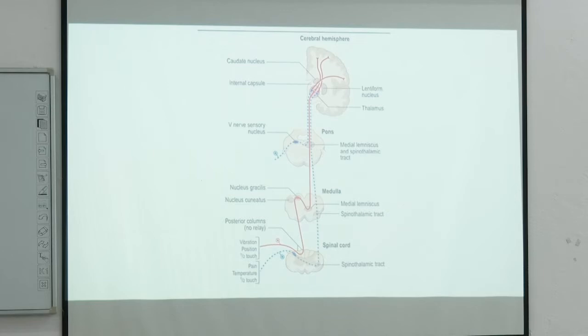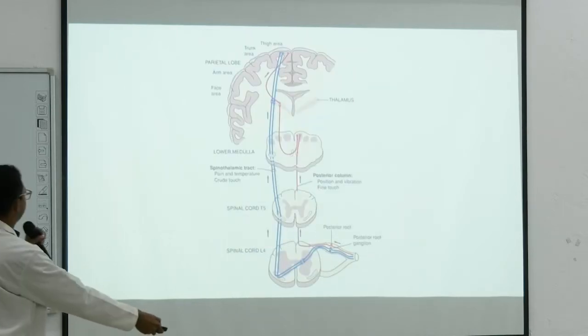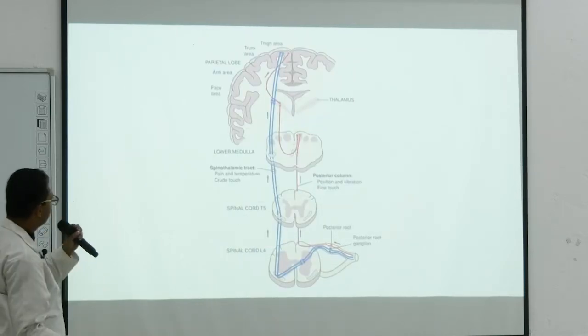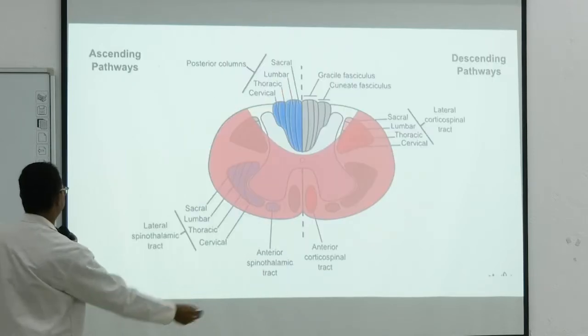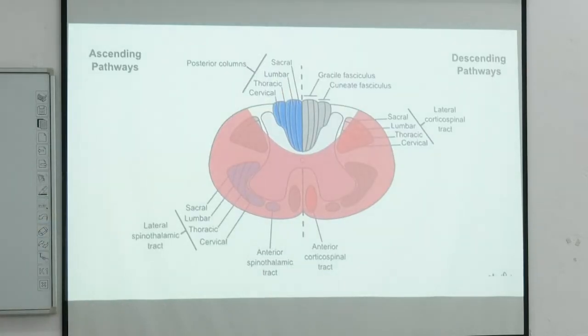Now, if we look at the cross section, again in this picture, this is the same picture only. This is the dorsal column pathway or posterior column pathway. What you can see here is that most medially are the sacral and lumbar fibers, and laterally are the cervical and thoracic fibers.